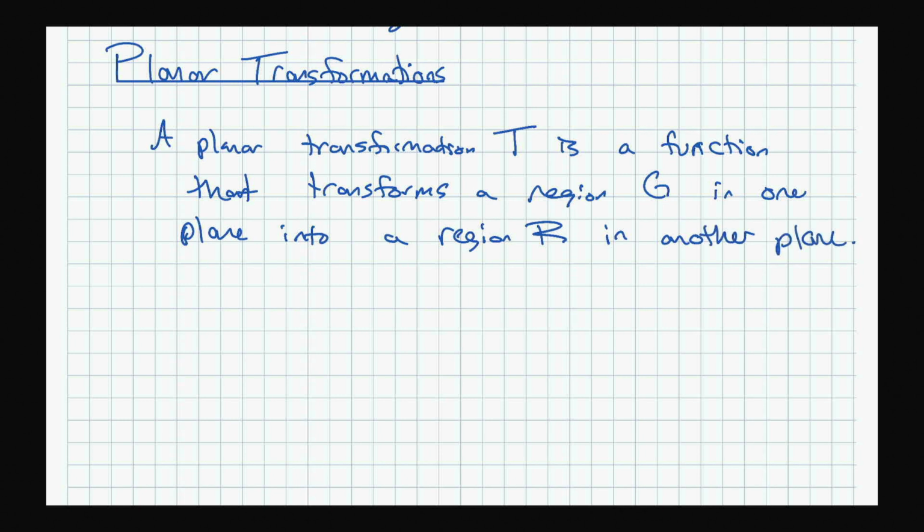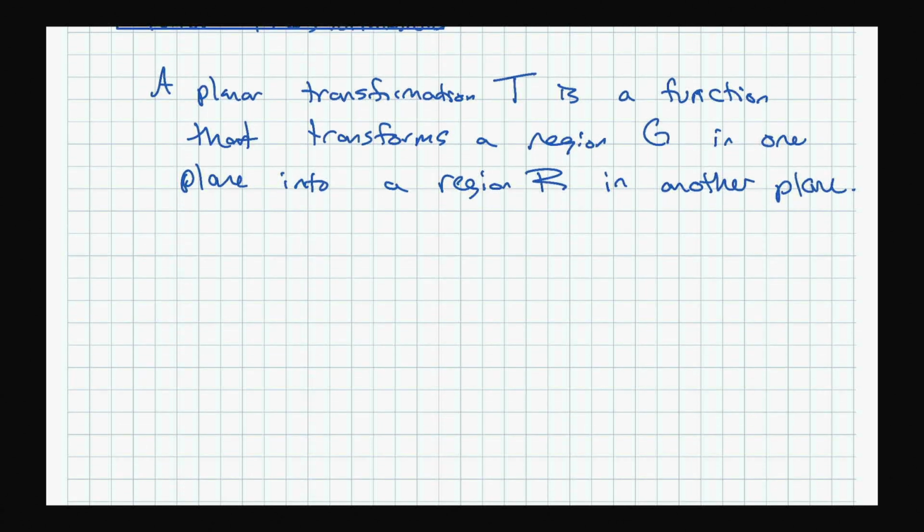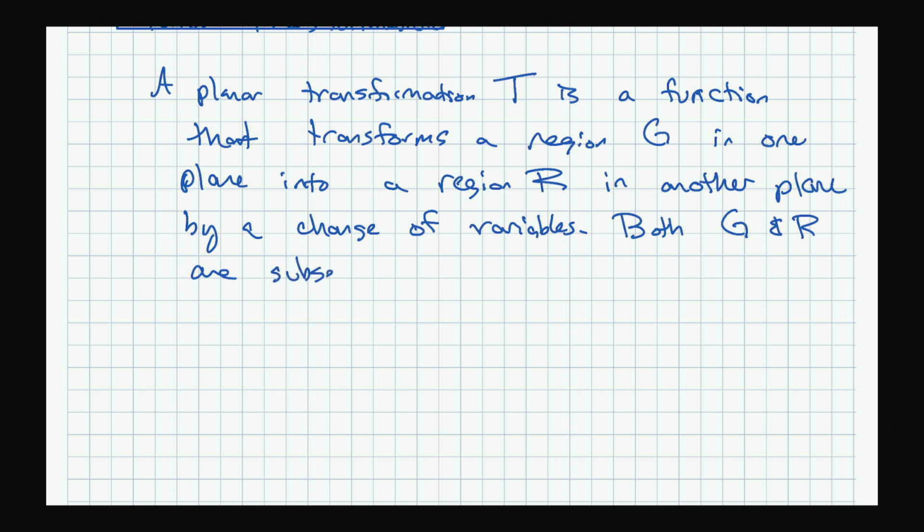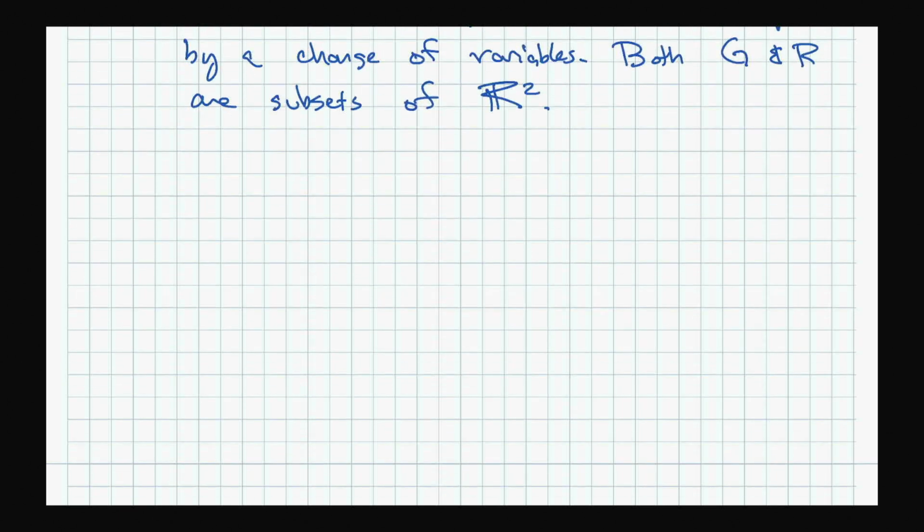So the name planar transformation makes sense, right? They go on a little bit further and say by a change of variables. Both G and R are subsets of R2. Okay, and so here's a little illustration of that.